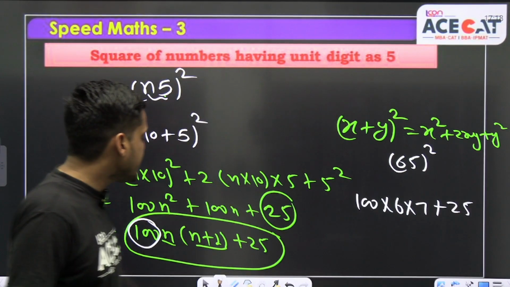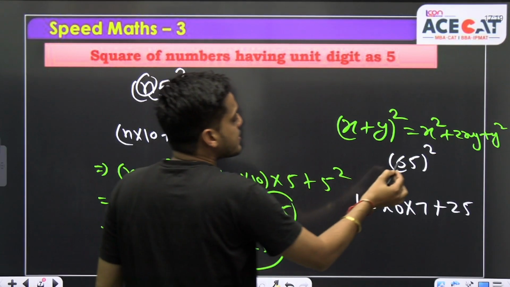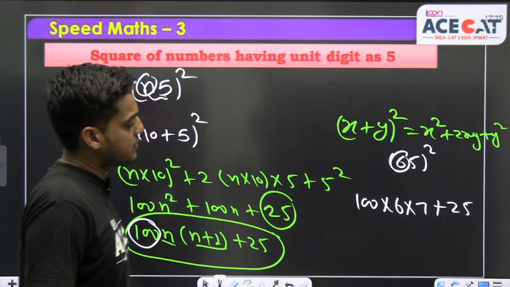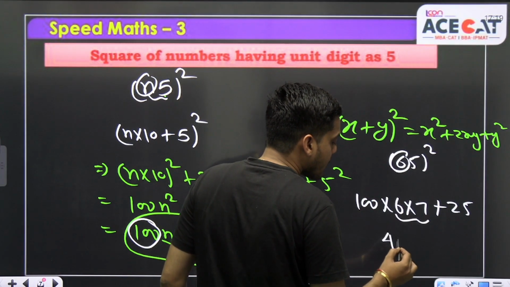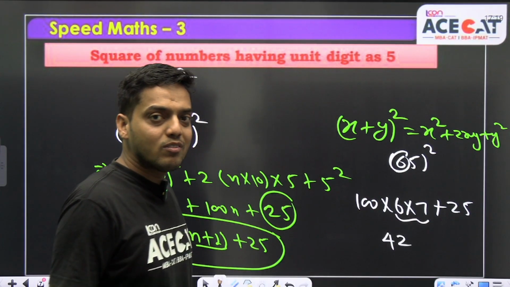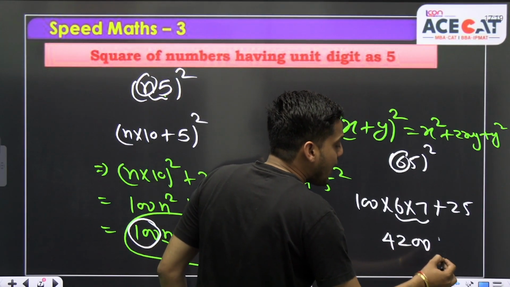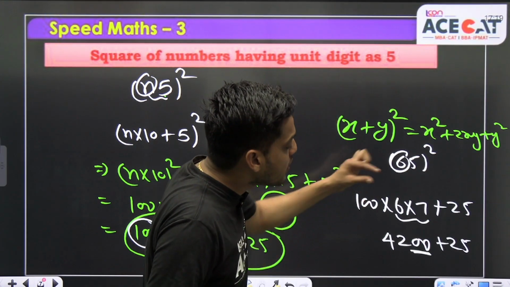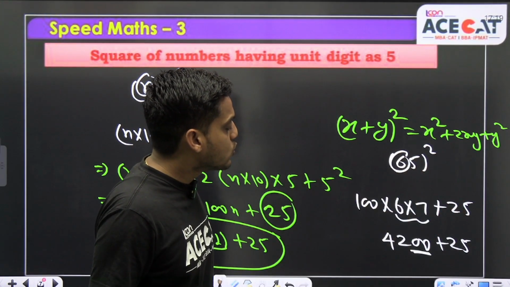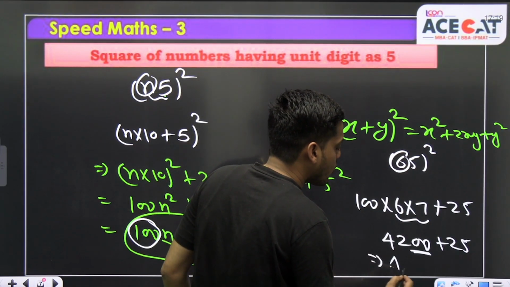Do you agree with me, guys? N plus 1 means 6 plus 1, in place of n we are having 6 here. Yes or no? Yes. Students, 6 sevens are 42. We are not having only 42, we are having 4200. Are you getting my point? And if I am having 2 zeros here, and I am adding a 2-digit number 25 to this, what number will I get? I will get 4225.